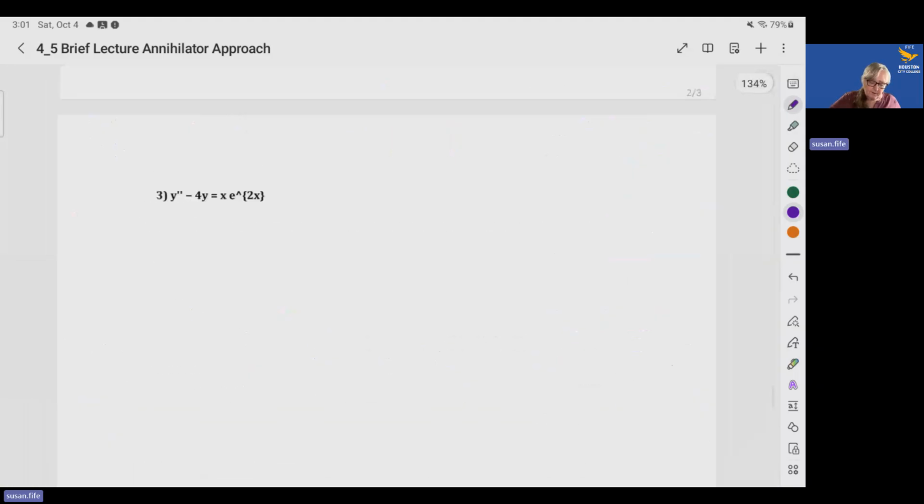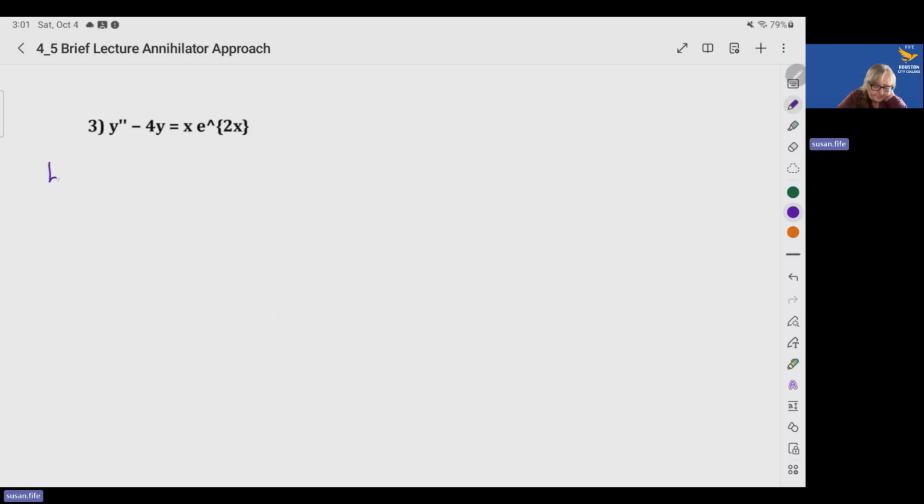So, this is the last one we have. I usually go through and fix all those exponents, but I guess I was in too much of a hurry. Here, my L of D is going to be D squared minus 4 applied to y. D squared minus 4 factors into D plus 2 times D minus 2. And so if we could solve for D, we would get D equals 2 and D equals negative 2.